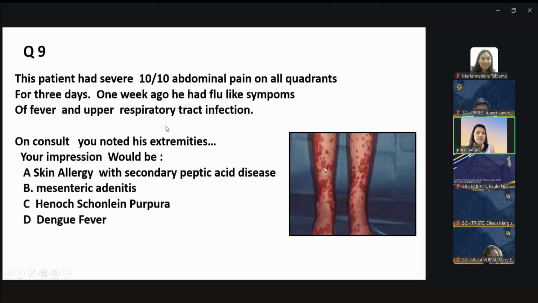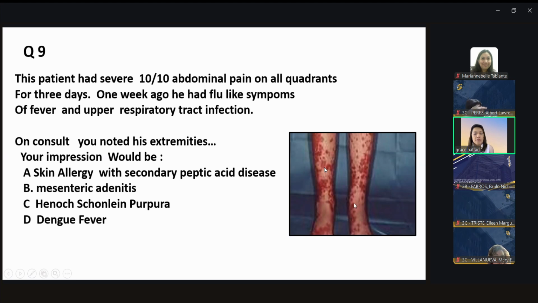Okay, this patient had a severe abdominal pain, 10/10 on all quadrants for 3 days. One week ago, he had flu-like symptoms of fever and upper respiratory tract infection. Upon seeing him in the emergency room, you noted that there were skin problems.